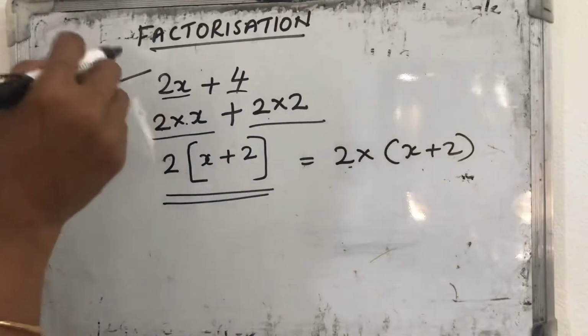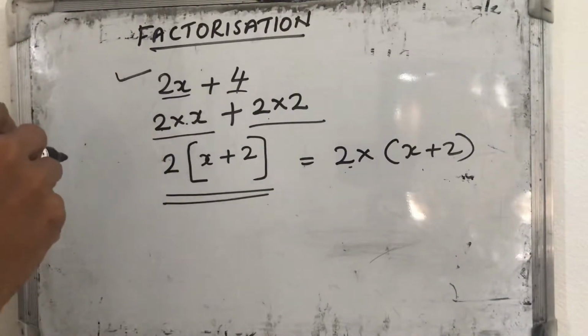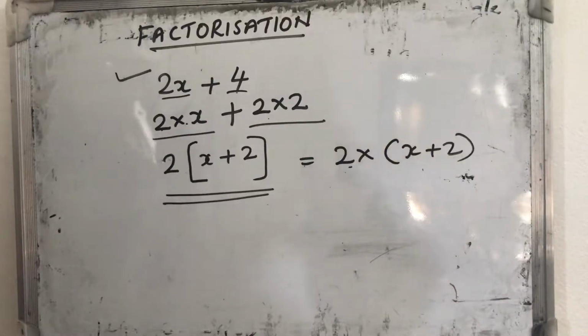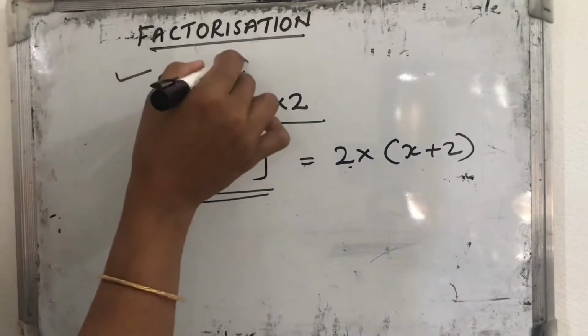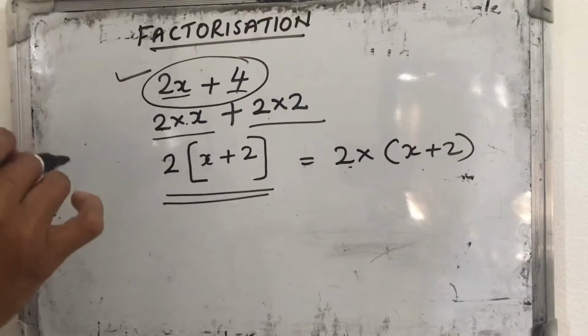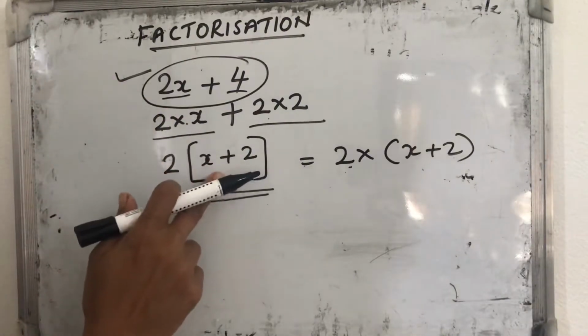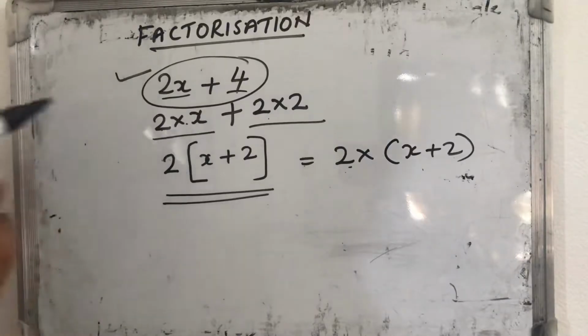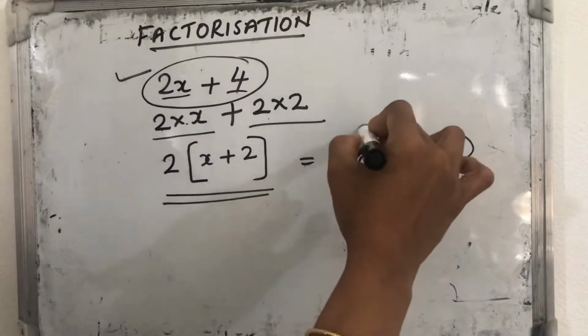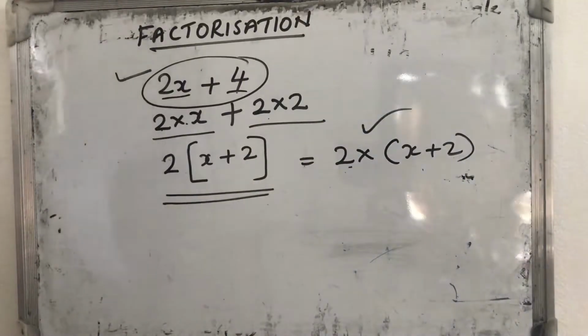We factorized this by finding common factors. In these two terms the common factor is 2. When we take that common factor outside, we write the remaining factors inside the bracket.